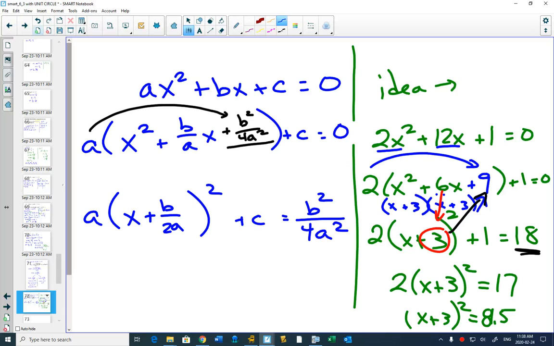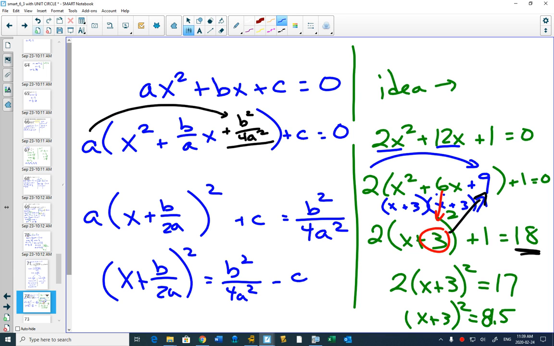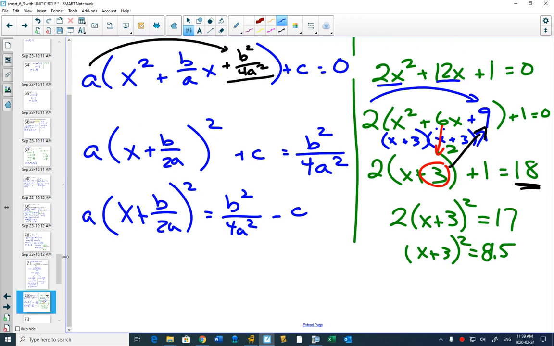Next thing we did to solve the equation, we tried to get our thing that was squared by itself. So how do I get my thing that's squared by itself? I would have to move the c over to the other side. So I'd get b squared over 4a squared minus c. Still have an a out in front. And here, they were numbers that allowed me to combine them nicely. Here they're fractions.